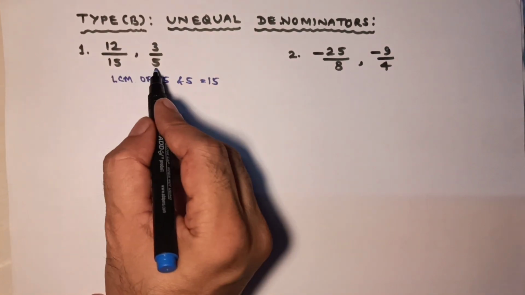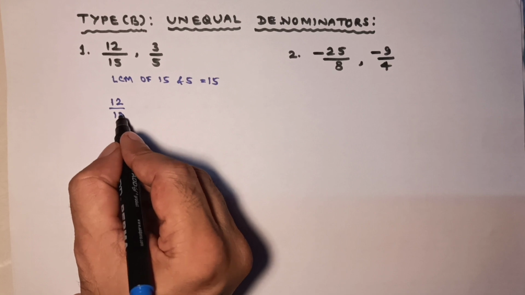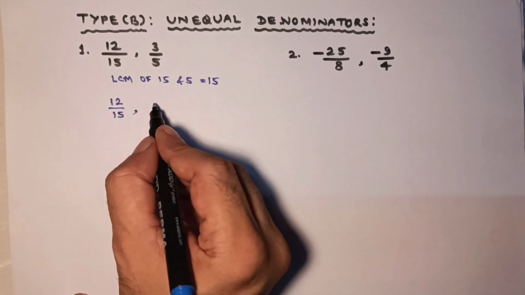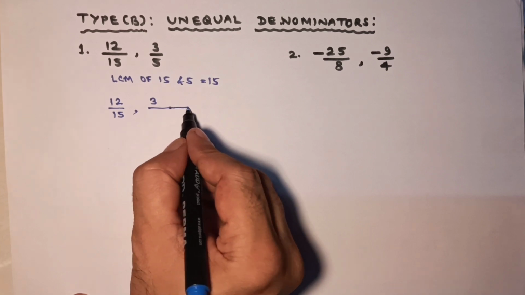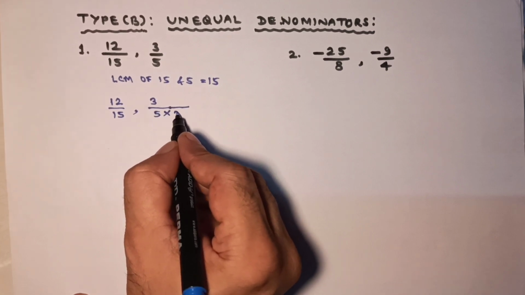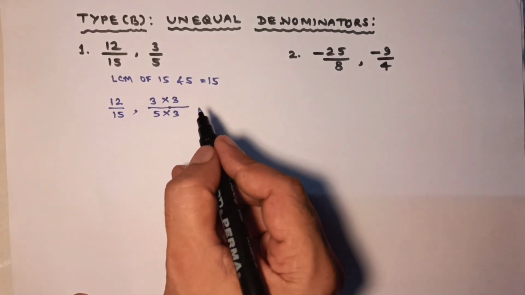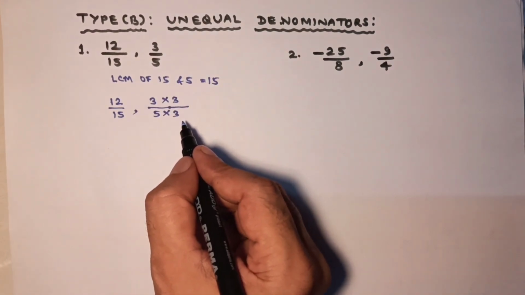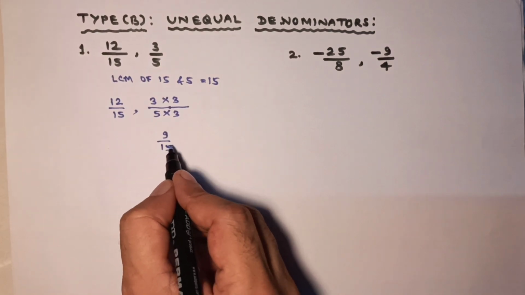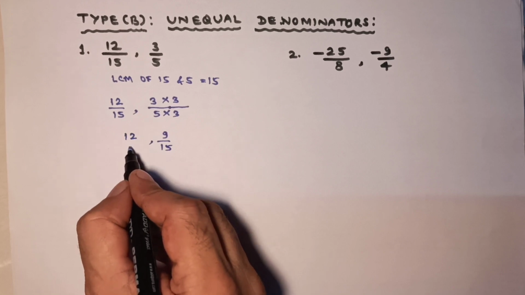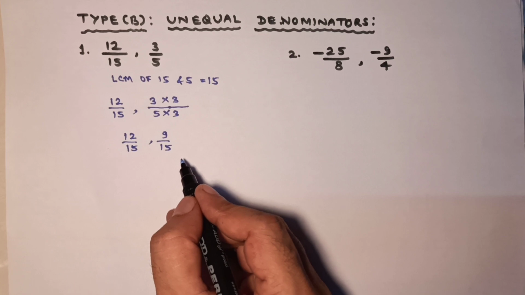So try to make both denominators 15. Here it is already 15, so I will not do anything, but for 3 upon 5, I can make it 15 by multiplying by 3, so I multiply both numerator and denominator by 3. Once we multiply by 3, it will be 9 upon 15, whereas the first stays as it is, 12 upon 15.